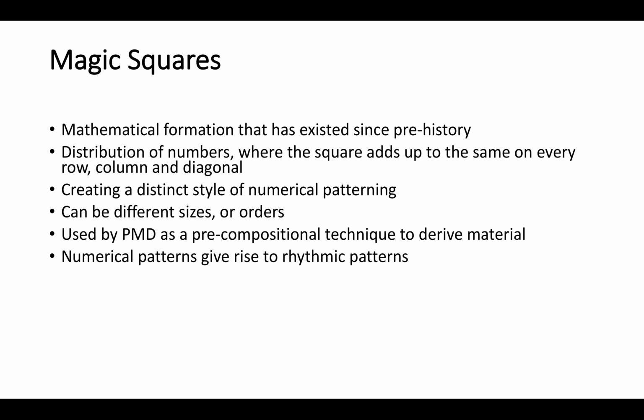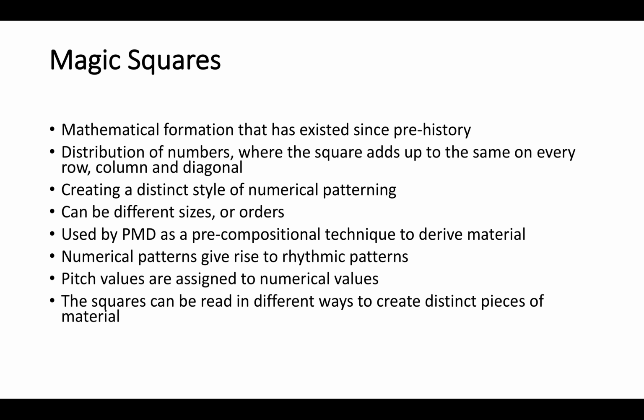The numerical patterns of magic squares in the context of Maxwell Davies give rise to rhythmic patterns. So numbers in this case stand for rhythms. In the numbers of the square we have pitch values assigned to those as well. So the square can be read both in terms of rhythm and in terms of pitch.